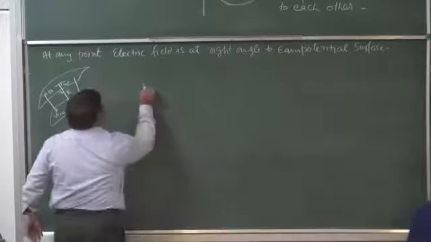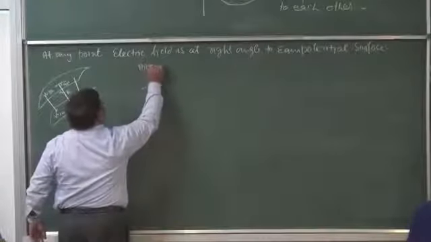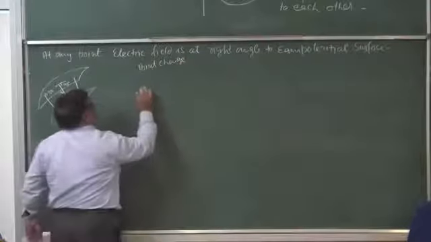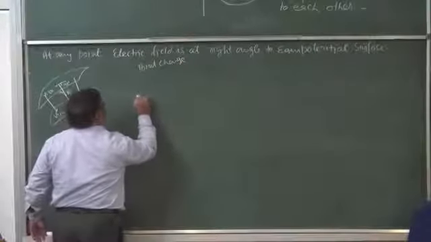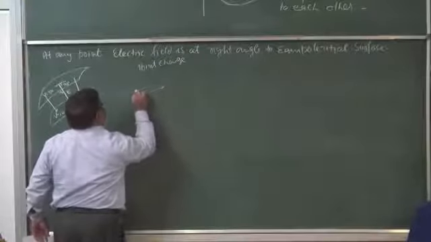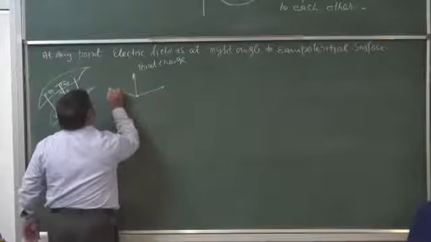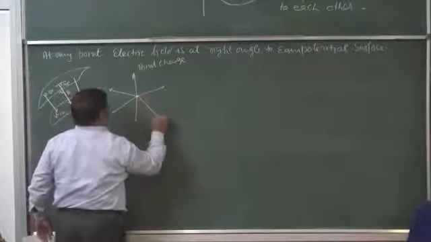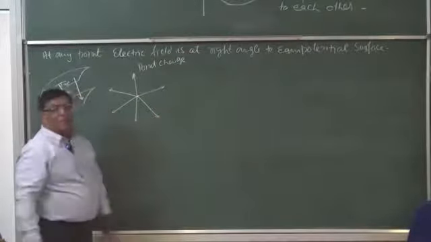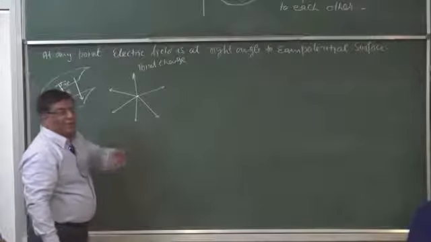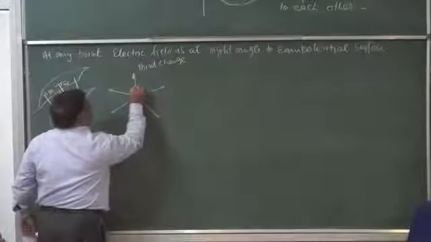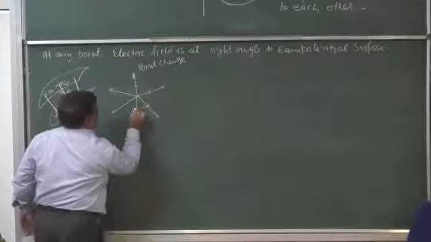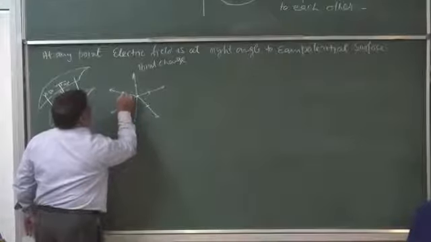Like this is a point charge, and this is the direction of electric field. Where should the equipotential be? Take equal distance, right angle, equal distance, right angle.